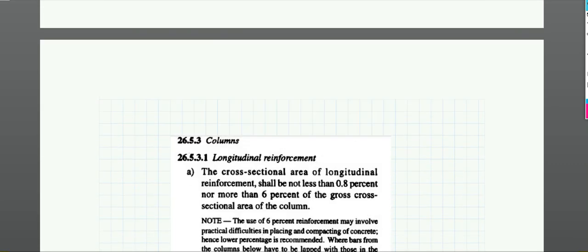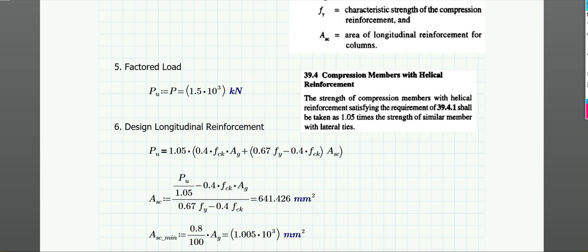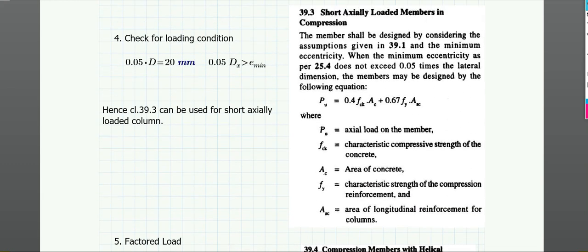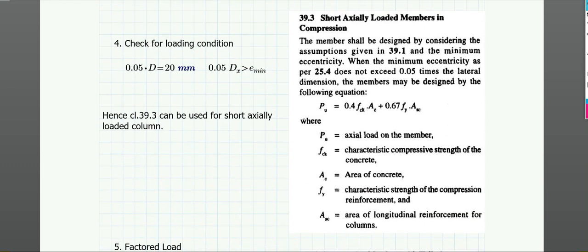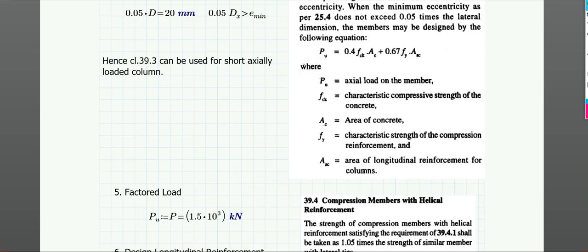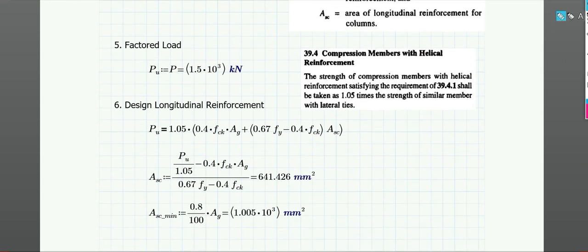If you see clause number 39.4, this clause is for compression members with helical reinforcement. Helical reinforcement is provided where? In the case of a circular column.